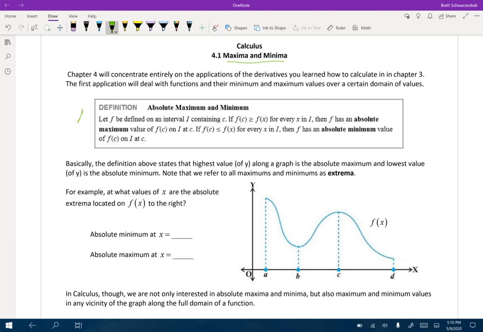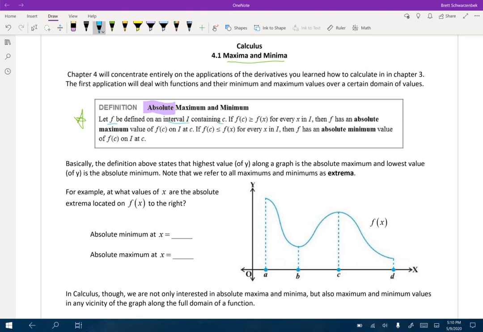We start with a definition of the term absolute maximum and minimum. There will be another type of maximum and minimum soon, but for now we start with absolute. The definition is kind of hard to read, but basically what it's saying is that suppose you have a function f on some interval, we'll call I, containing a point c.